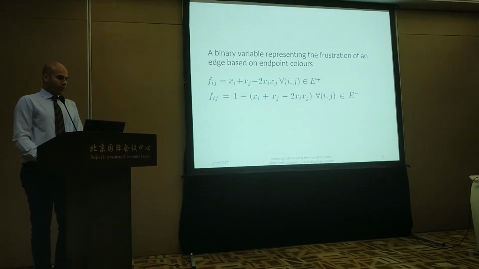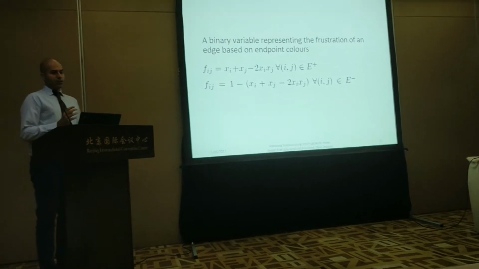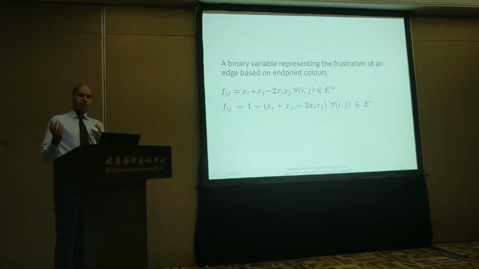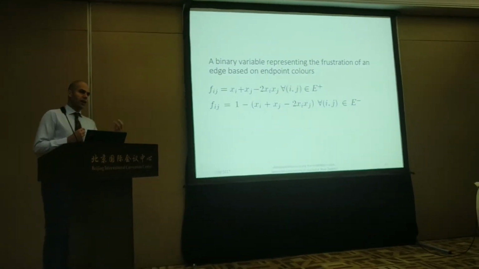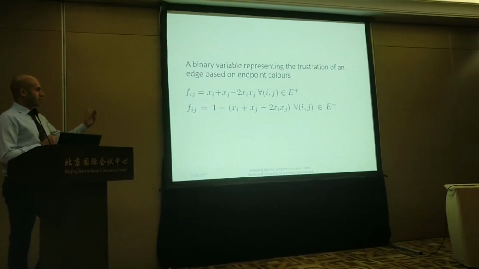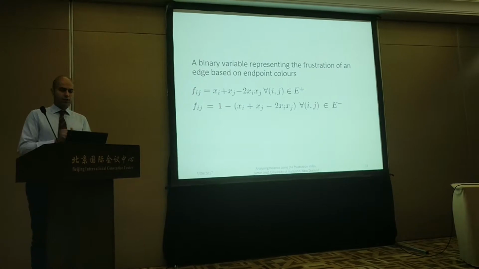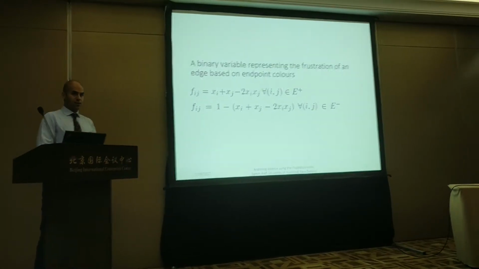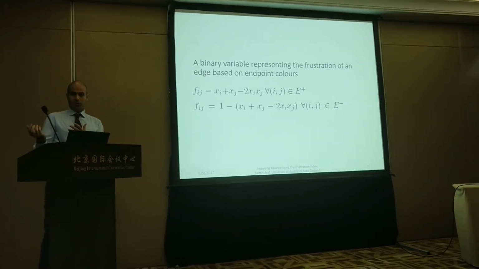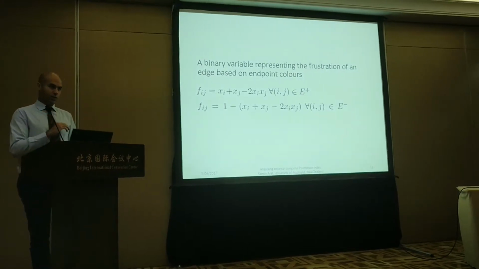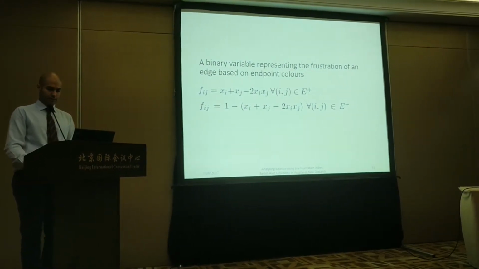So we need a binary variable to represent whether an edge is frustrated. For edge ij, when we have xi and xj representing the colors of the endpoints, fij is a binary variable which shows whether the edge is frustrated or not frustrated.